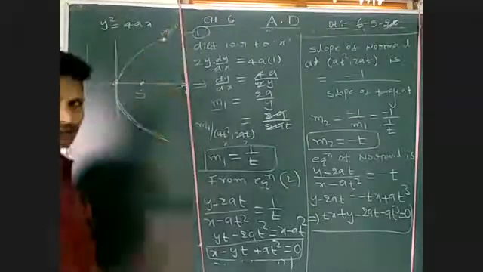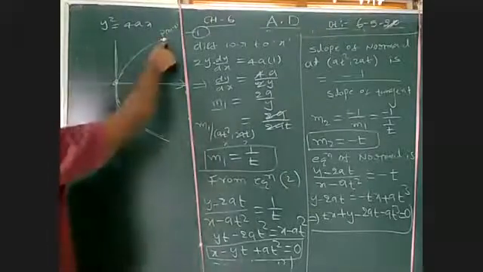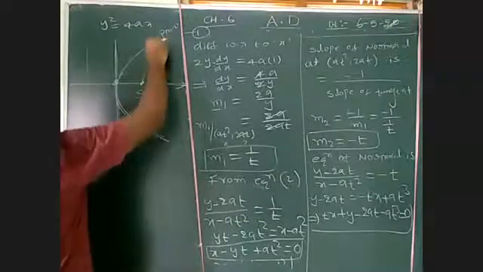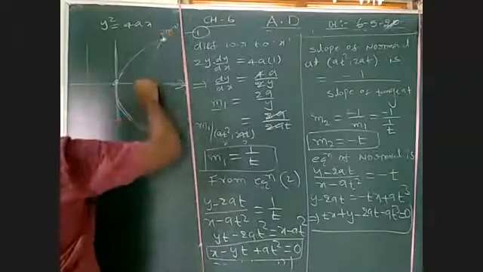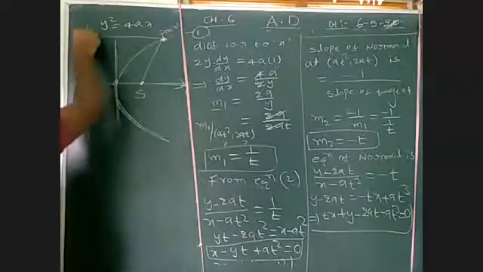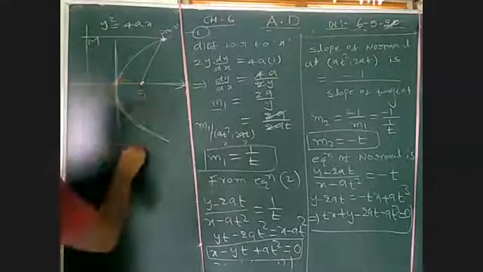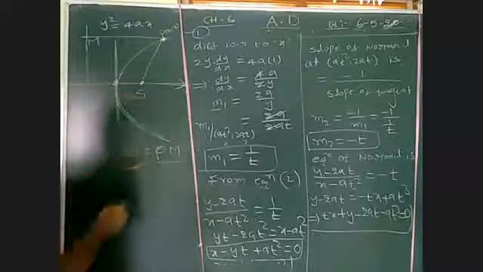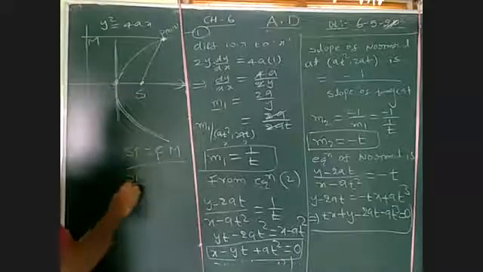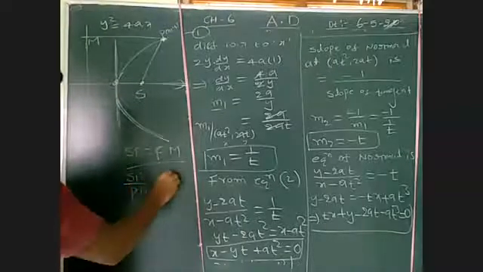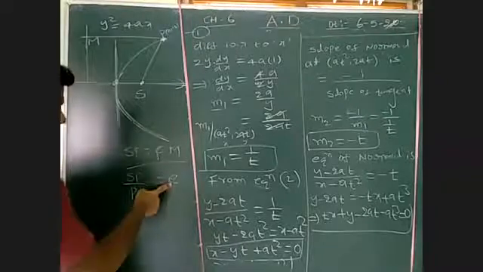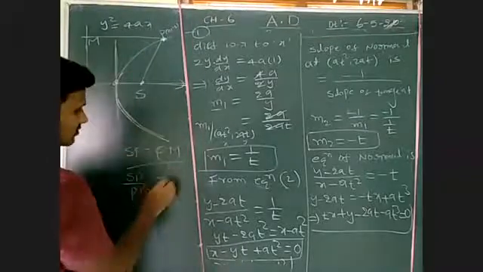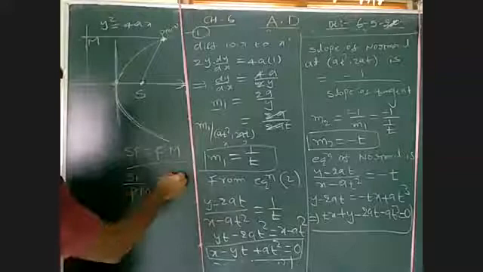Everyone knows all these concepts anyway. So the concept is SP is equal to PM. Already you studied that SP should be equal to PM in a parabola, because SP by PM is equal to e, the eccentricity. The eccentricity value here is 1. So SP by PM is equal to 1.